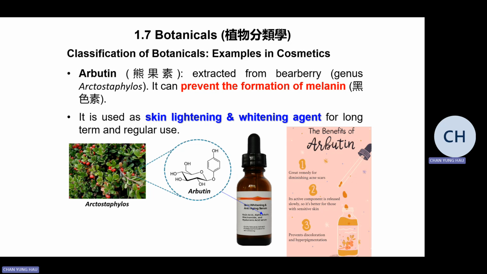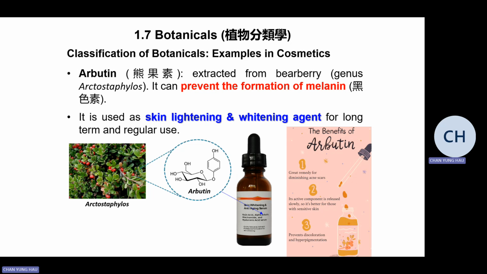The first one is arbutin. Arbutin, I think most of you have heard about it. It is extracted from bearberry, and of course, it can prevent the formation of melanin. Do you still remember why melanin can be synthesized in our body? Because of one enzyme. We discussed it in part 2 of this chapter.